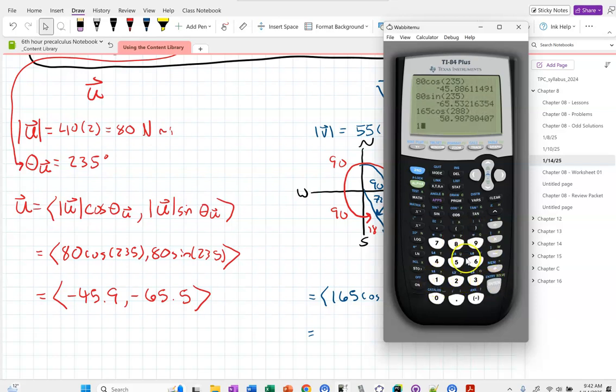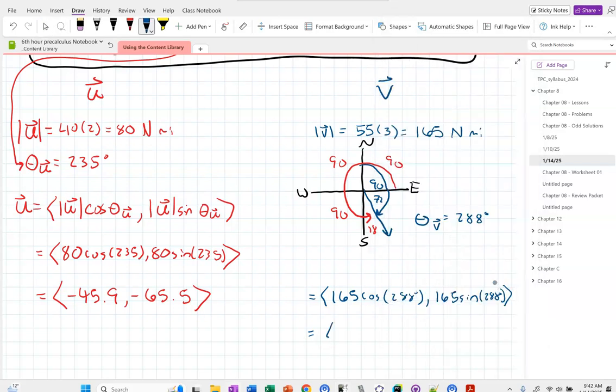So about 51.0, and then negative 156.9. Any questions so far on what I've done?